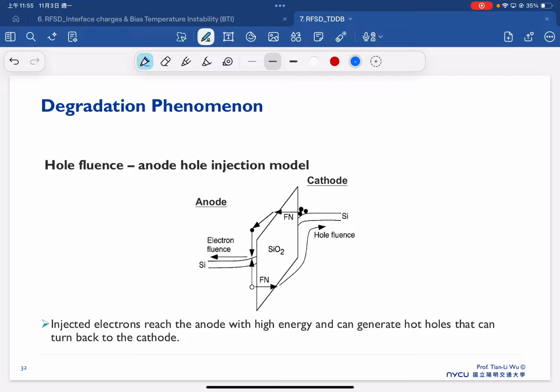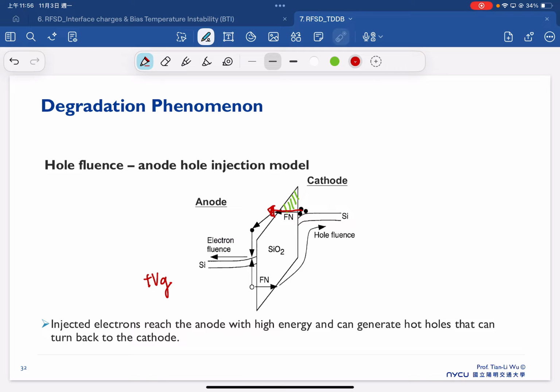The idea here is once we apply the positive gate bias on the anode side, then as previously mentioned, the band will bend, so we start to have FN tunneling. Because the barrier becomes smaller, it's only a triangular barrier, so the electron can start to tunnel through this triangular barrier. That's what we call FN tunneling.